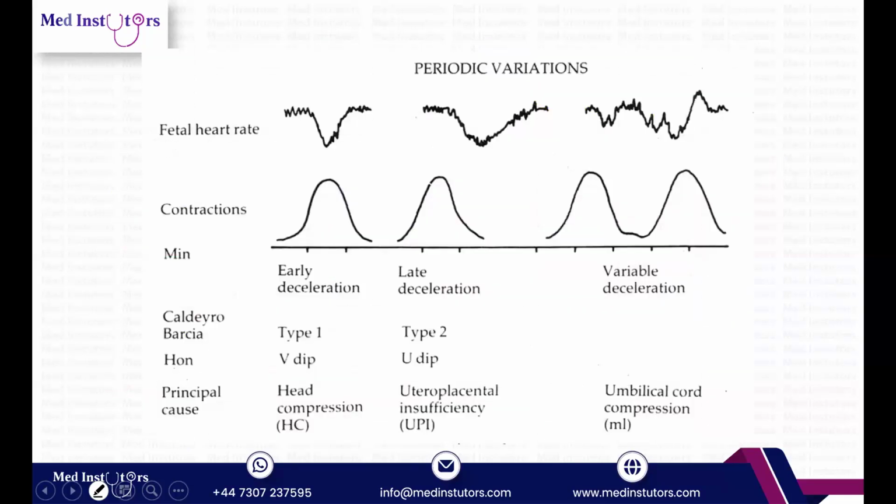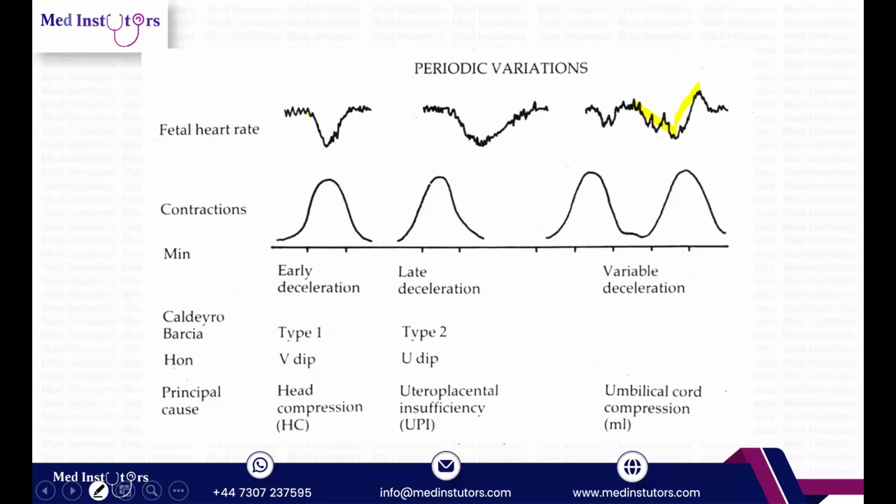Now let's look at the types of decelerations. We have early decelerations. They begin with the contraction, dip when the contraction is the highest, and then return back. So this is the shouldering. You can see there's a little up here and then it comes down. Or here, even in the variable ones, you can see that it goes up a little, it comes down, then goes up again. So that's variable deceleration.